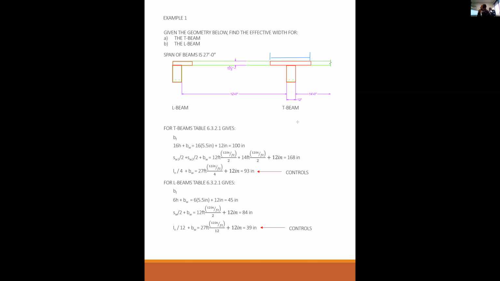It could, that's a good point. It could, if one span was large and the other one was smaller, and this was the number that controlled, then it could be offset a little bit. But as you will see later in this lecture, that doesn't change anything for your design. Thank you. Great point, but in the end, it won't change your capacity.